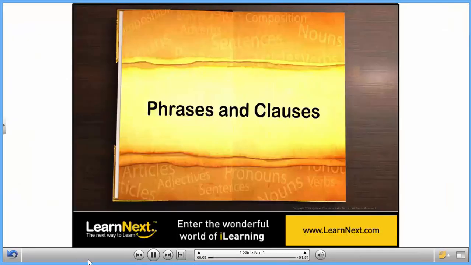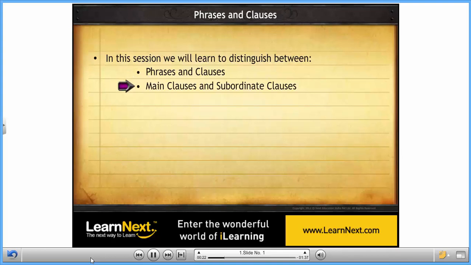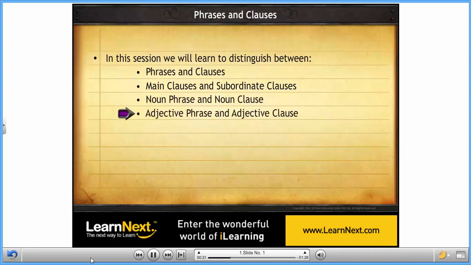Welcome to this session on phrases and clauses. In this session, we will learn to distinguish between different kinds of phrases and clauses. Main clauses and subordinate clauses, noun phrase and noun clause, adjective phrase and adjective clause, adverb phrase and adverb clause.